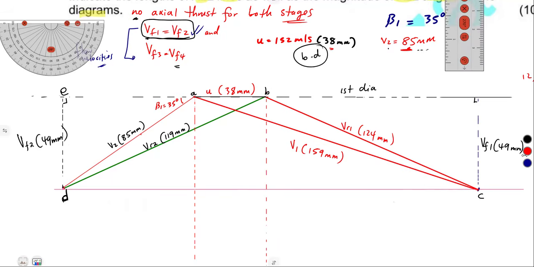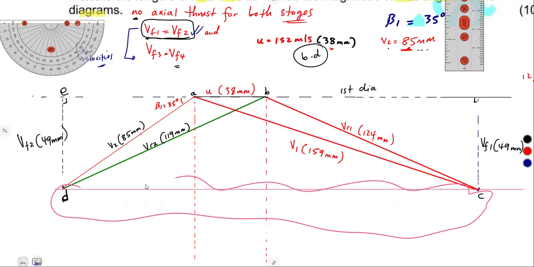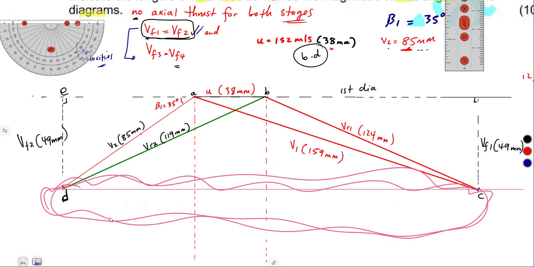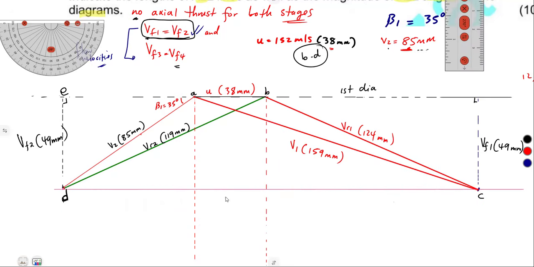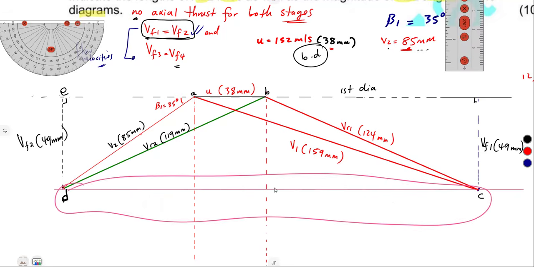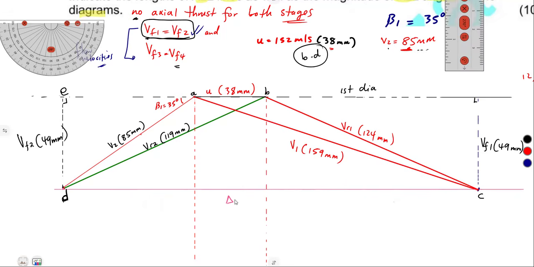All the rest, we just have to measure. This one, the flow velocity, I mean the wheel velocity, this one from D to C, the total wheel velocity from D to C, measure as well. All right. For the first diagram, that was going to be approximately 222 millimeters.